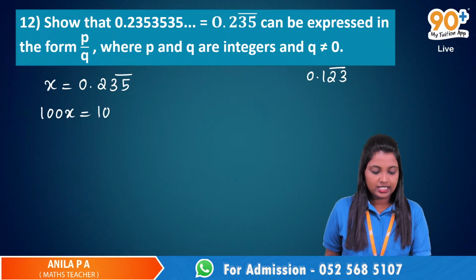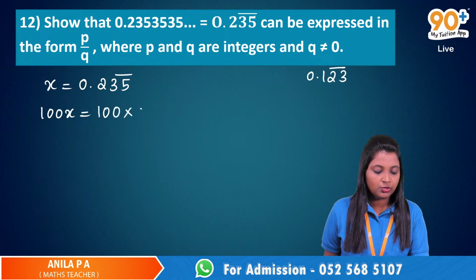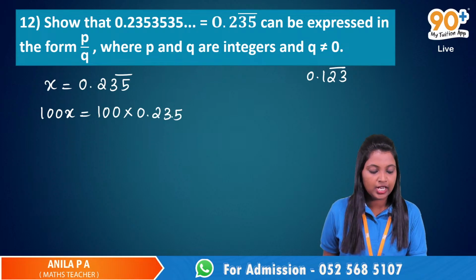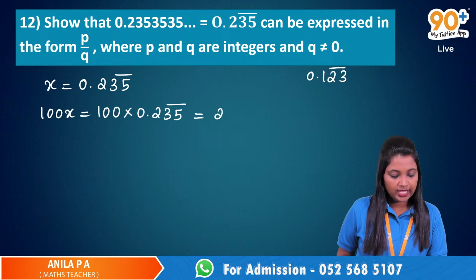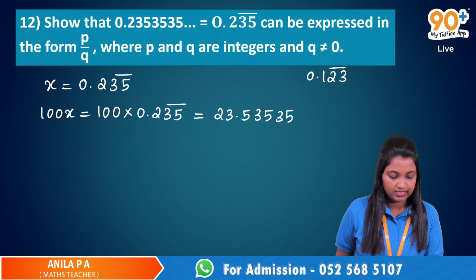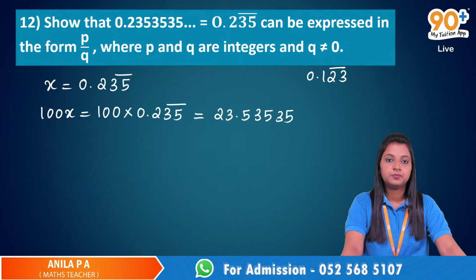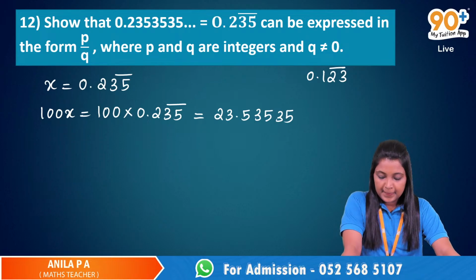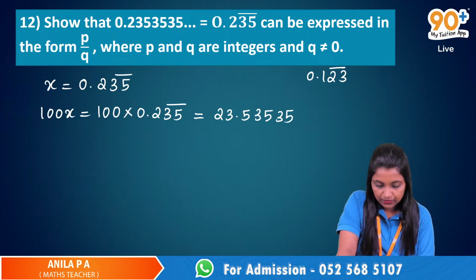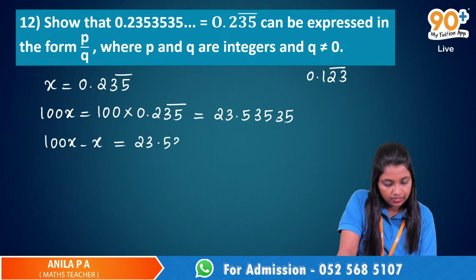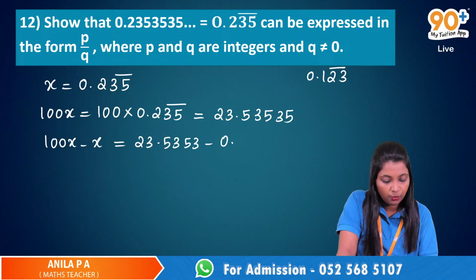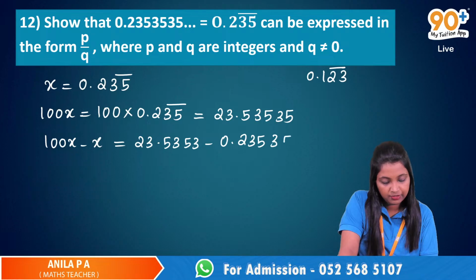So 100x is equal to 23.5 then 3535, like that. When we subtract, 100x minus x is 99x. We have 23.5353 and the other one is 0.23535, like that.